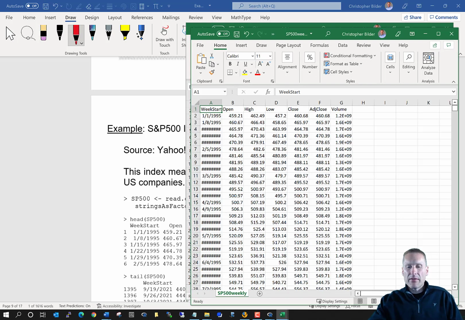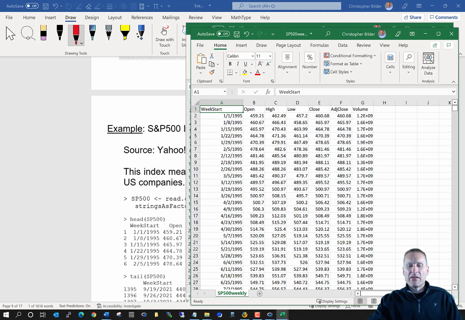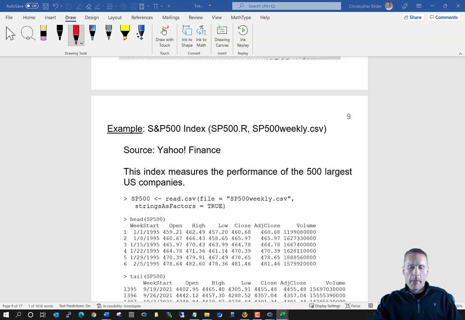It's in a comma delimited file, and I just opened it directly into Excel because it was easy. What we have here are weekly S&P 500 index values: at the beginning of the week, what did it open at, what was the high during the week, what was the low, and what was the closing value for that particular week. That's what we're going to focus on here.